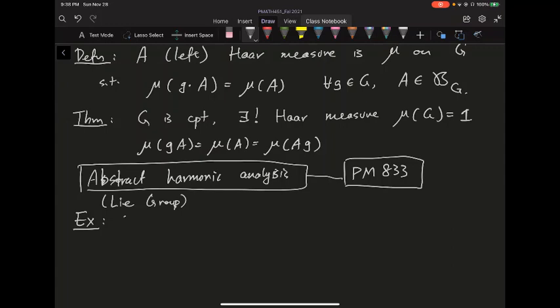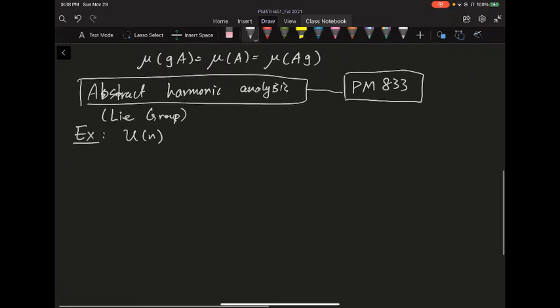One of them is the unitary group. I want to explain a little bit about this unitary group. We can show it is compact: the set of all n by n unitary matrices is a compact group. So there exists a unique probability measure, let's say mu, a probability measure on these unitaries.